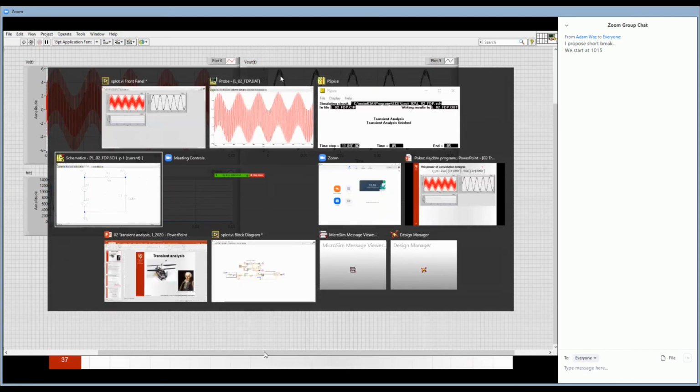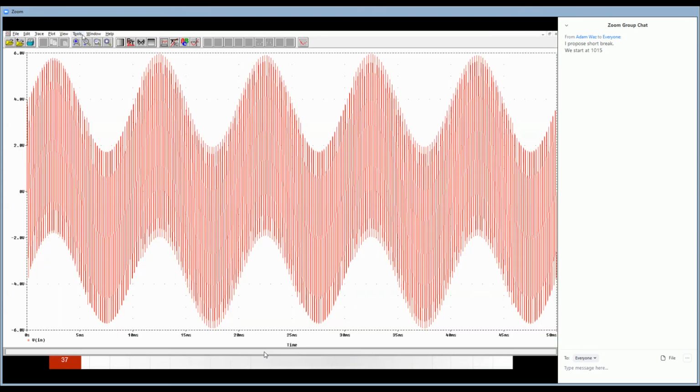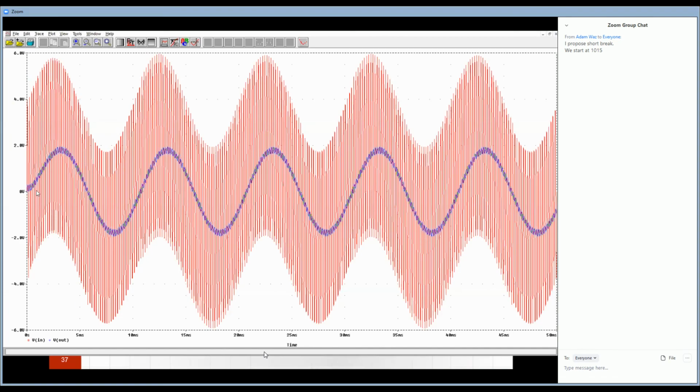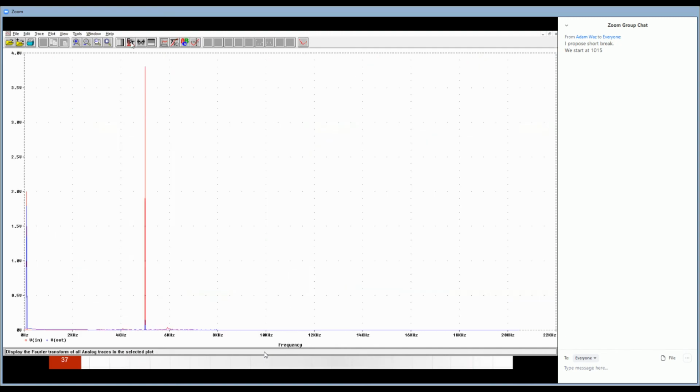Okay, now I add the trace connected with the output. You see here the output, and the amplitude is about 2 volts.